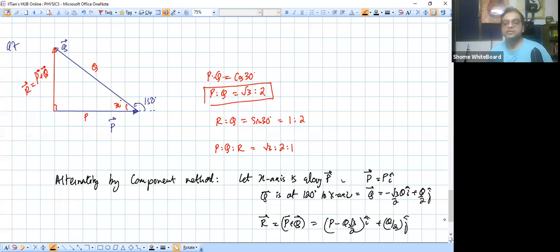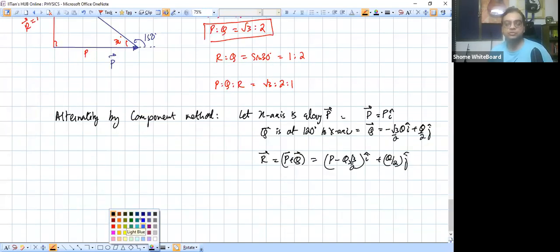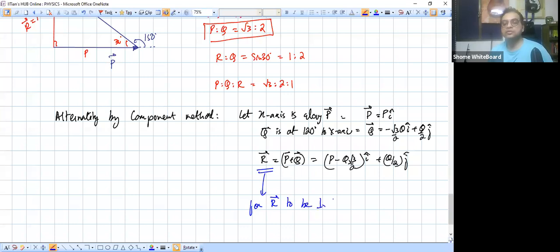Now the condition on the resultant is that it should be perpendicular to P. So for the resultant to be perpendicular to P, the resultant should be along y-axis because P is already along x-axis. So that means the resultant's x component, how much should it be? It should be 0. So this x component should be 0 and there should be only y component.